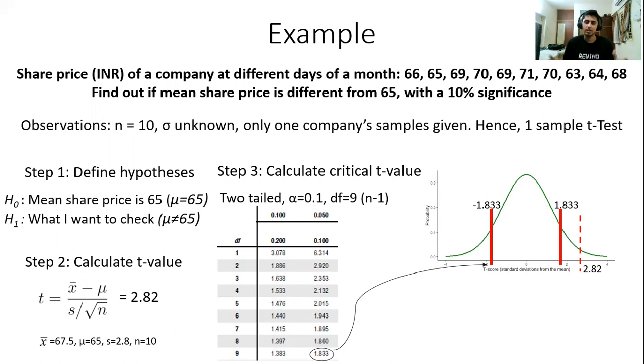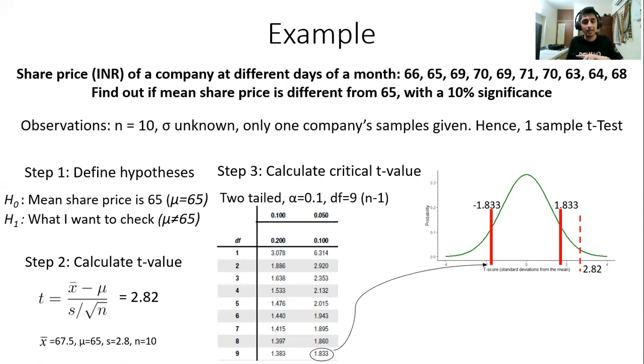It's again symmetric, but the distribution is different. You plot 1.833 and minus 1.833. Don't worry about positive and negative, because it's symmetric on both sides. It's a two-tailed test, so you take the value from the table appropriately.